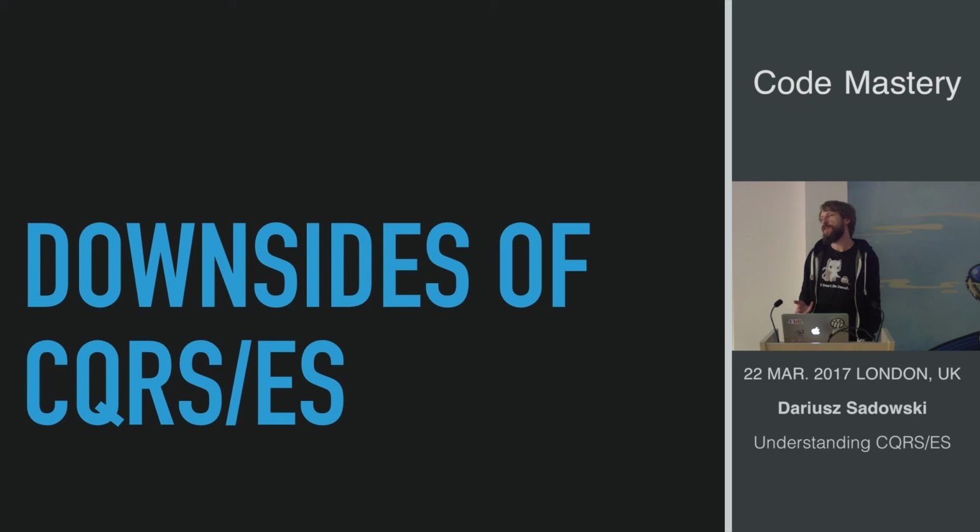And when it comes to events, another downside, a tricky thing, is when an event changes. Because in time you will get new features, new fields in your entities, and either new events will happen, or you will need to change the existing events.